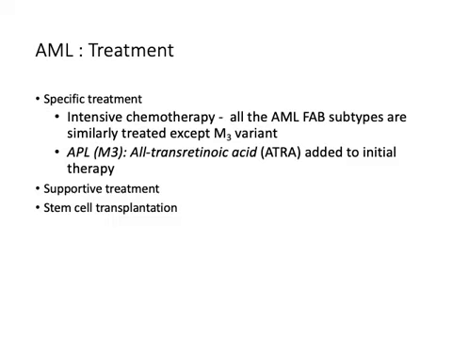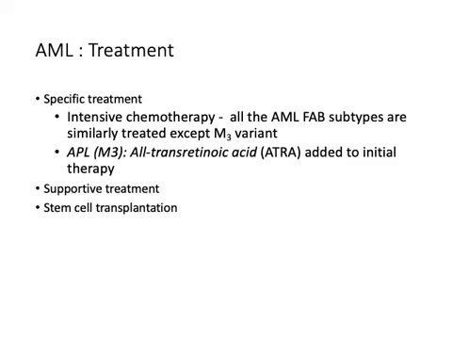Treatment for your acute myeloid leukemia is generally intensive chemotherapy. So all the AML FAB subtypes are similarly treated except for the M3 variant, which is treated by adding your all-trans retinoic acid to the intensive chemotherapy.